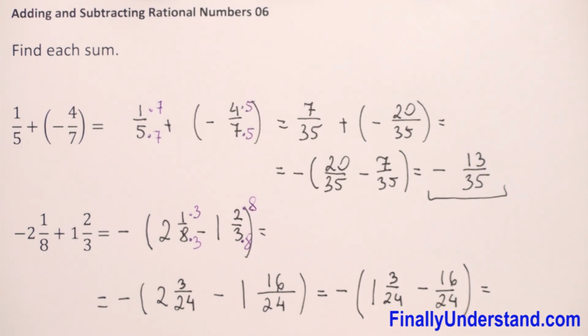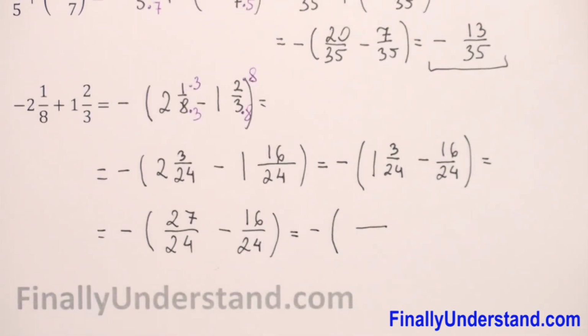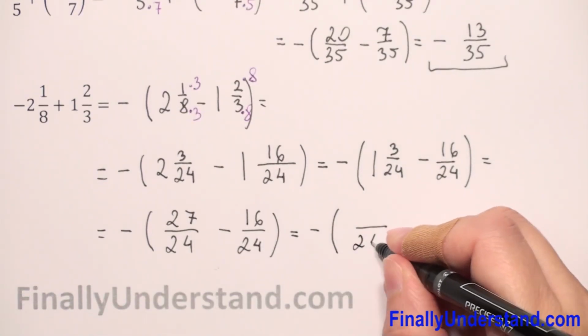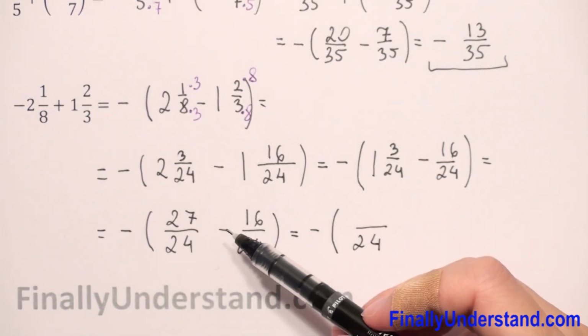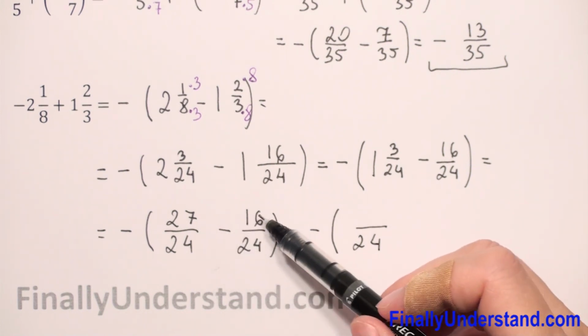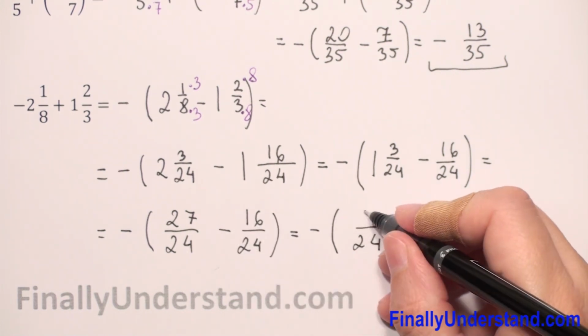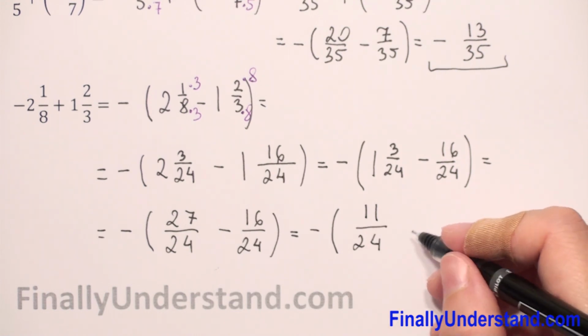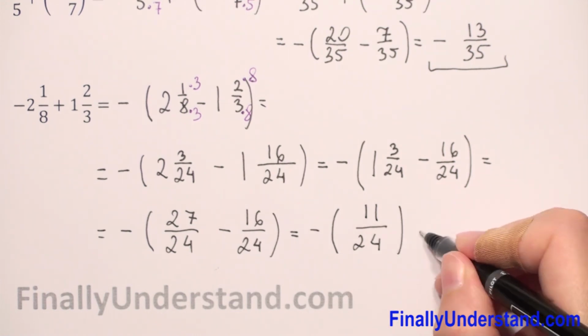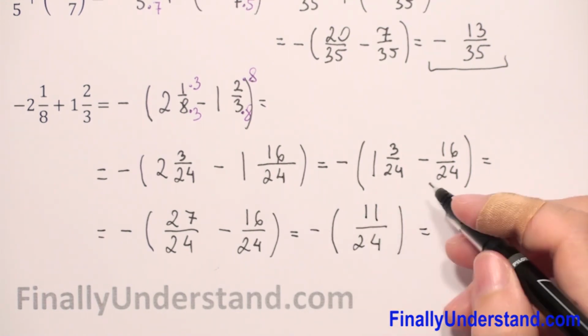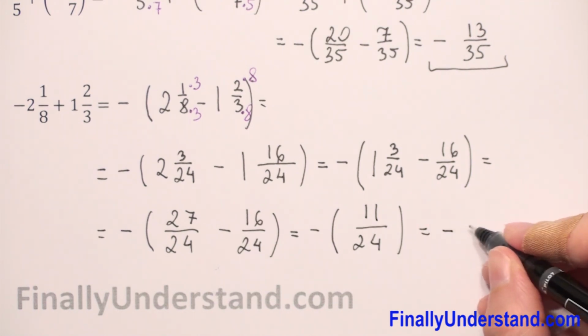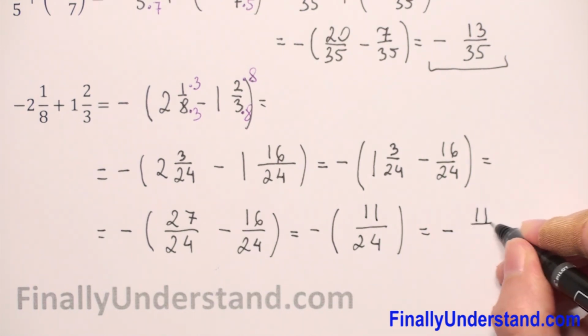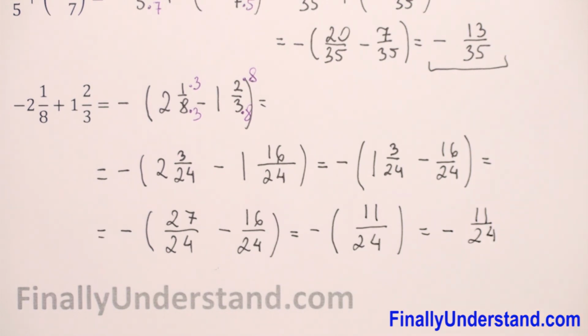And now when we have the same denominators, we copy denominator and we just subtract numerators. We have 27 minus 16. So this is 11. We don't have to now write this parenthesis, so we have negative sign before 11 over 24. This is my solution.